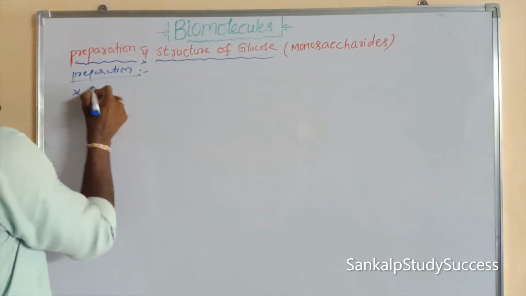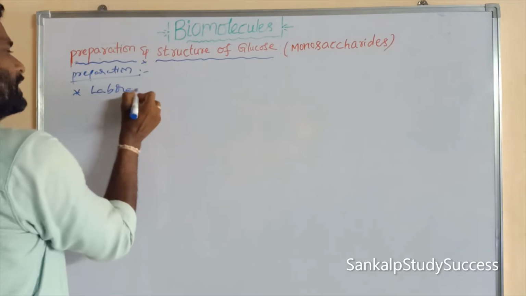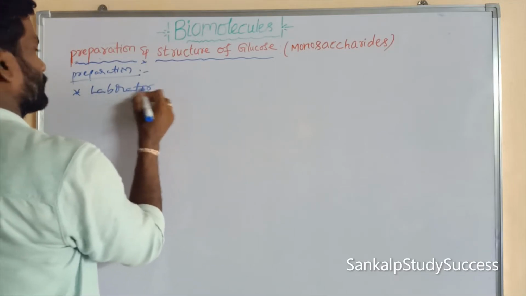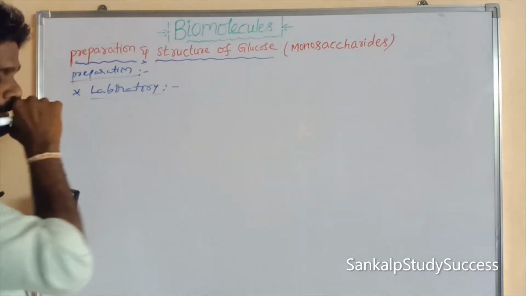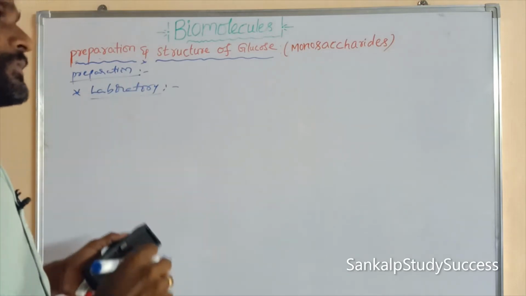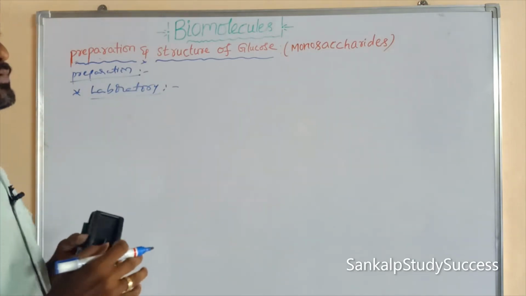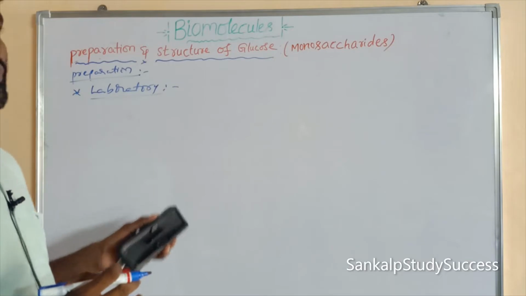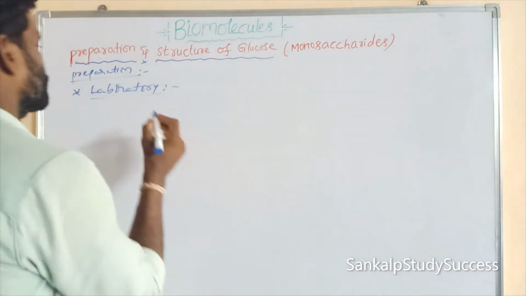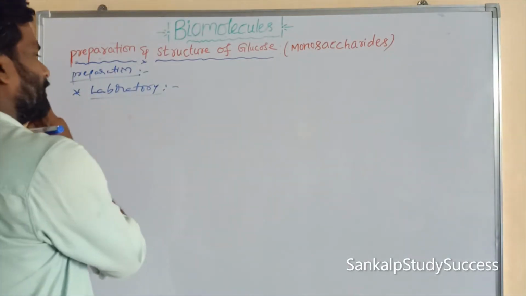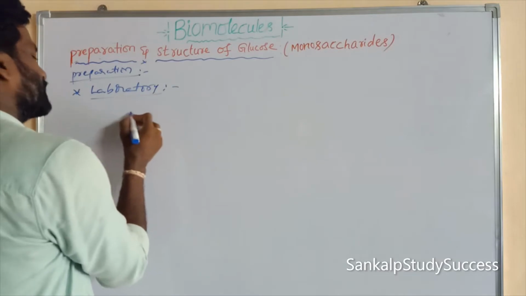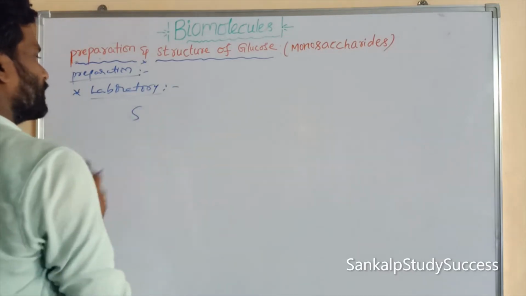So in the laboratory method, an acid hydrolysis of sucrose gives glucose and fructose. In the laboratory, sucrose is taken. What is its formula?